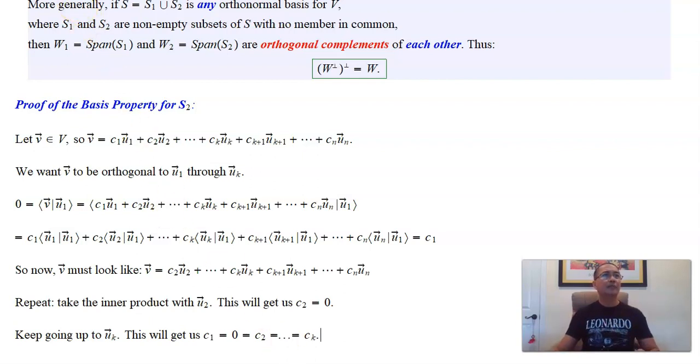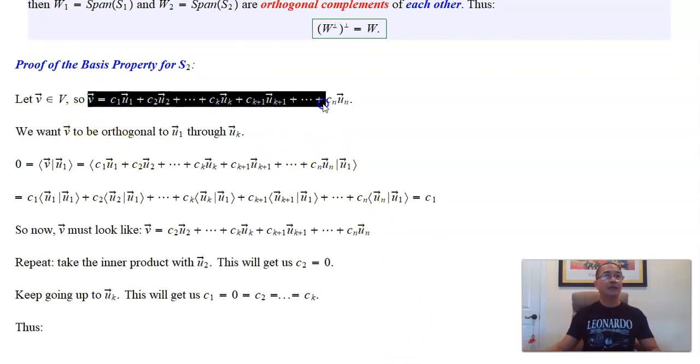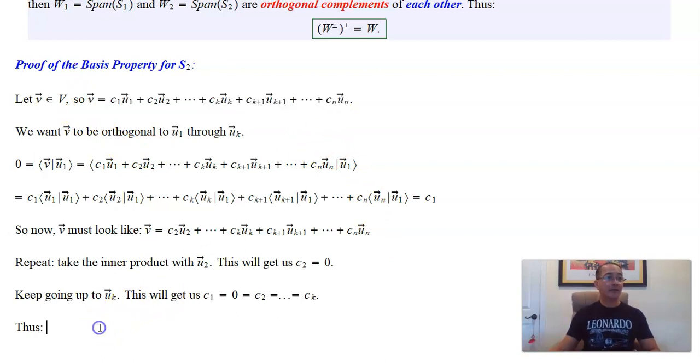Okay, so let's take a little pause here. Where are we now? All the coefficients up to CK have to be 0. So thus V has to look like this linear combination, except it starts at CK plus 1, UK plus 1. But now let's double check.